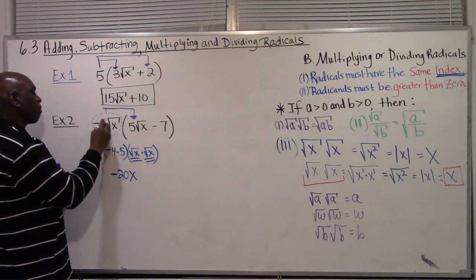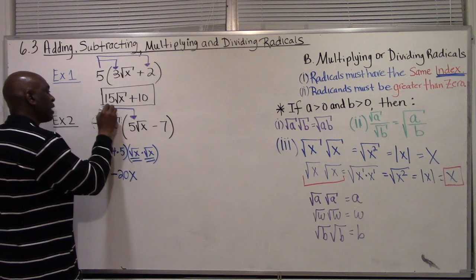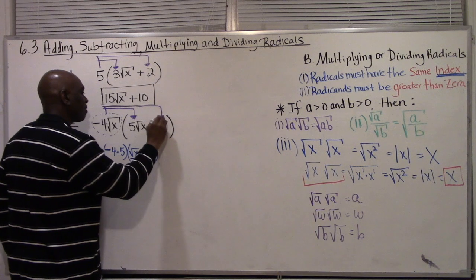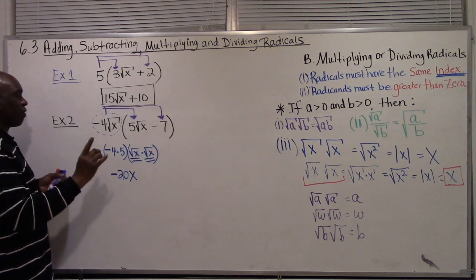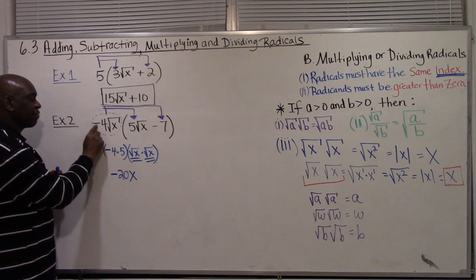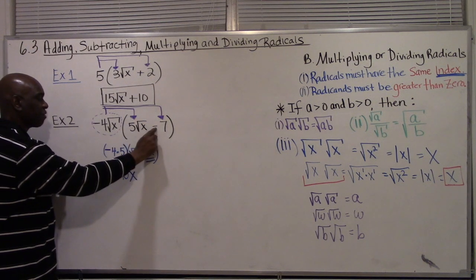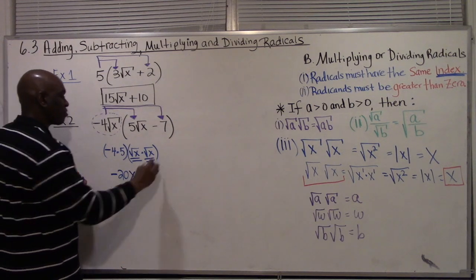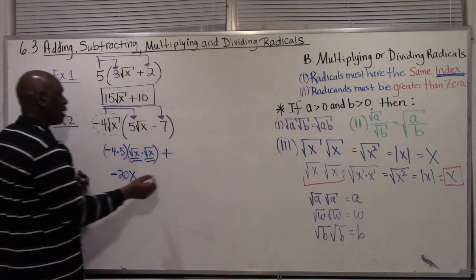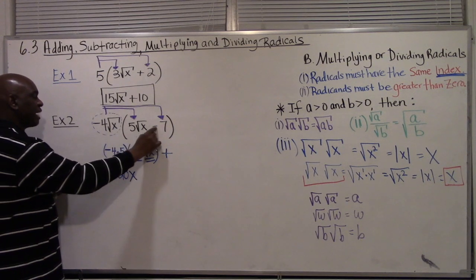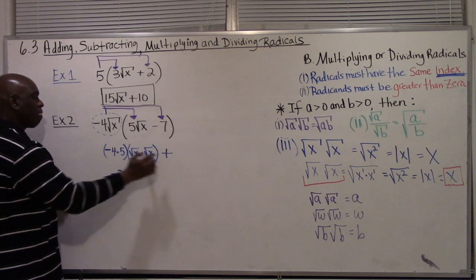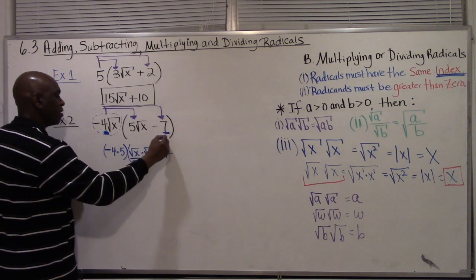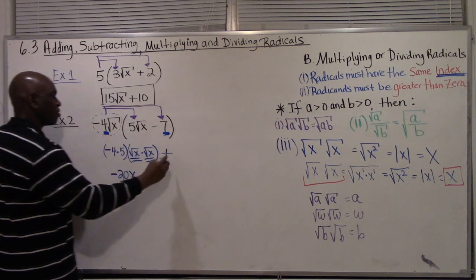Now take -4 radical x and multiply it times a -7. Here we go. First of all, a negative times a negative is a positive. So I'm going to get a plus right here. And then 4 times 7, 4 times 7 is 28.